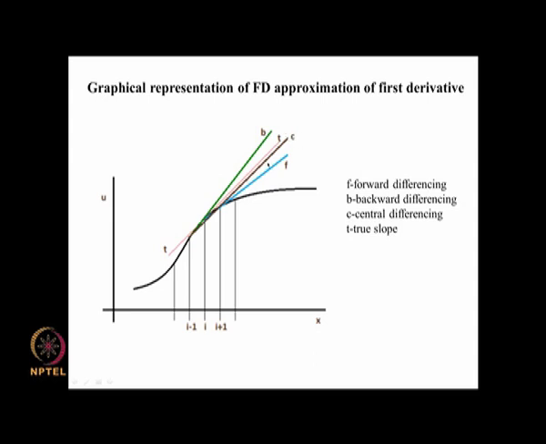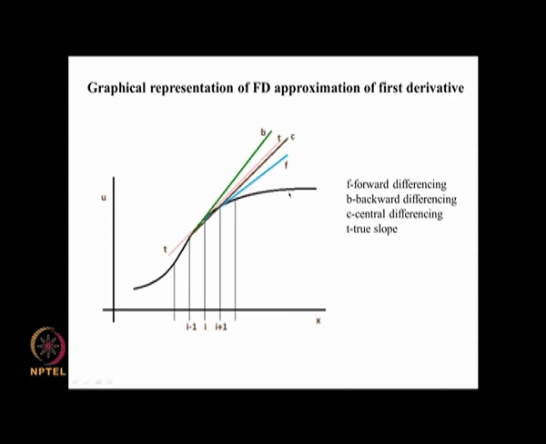And if you now look at the slopes, that is, the angle that each of the straight lines is making with the horizontal, we see that the central differencing line is much closer to the value of the true slope. So it is almost parallel to it, which means it is accurate, whereas both F and B, the forward and backward, are at a different angle compared to the true slope.